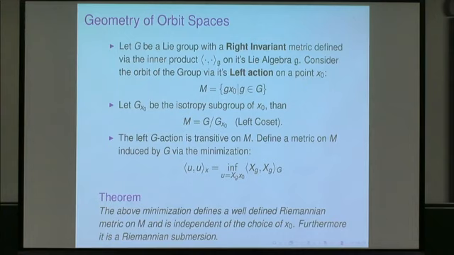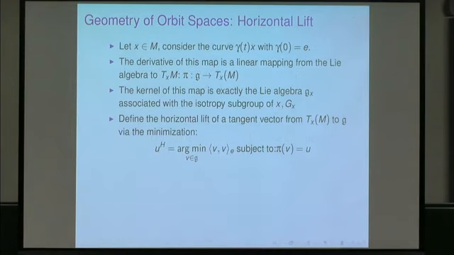So we have this nice picture, so we can use this to do our stochastic simulation, and this is where it's going to be important. The horizontal lift is also very well given, and I'll use this a little bit later on.